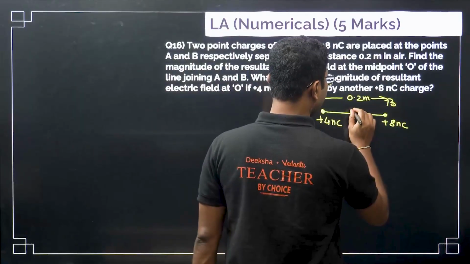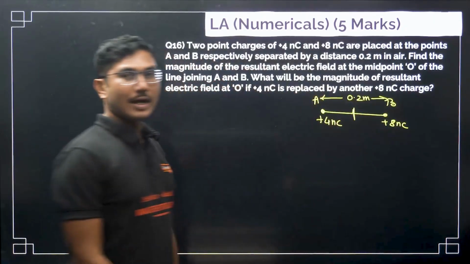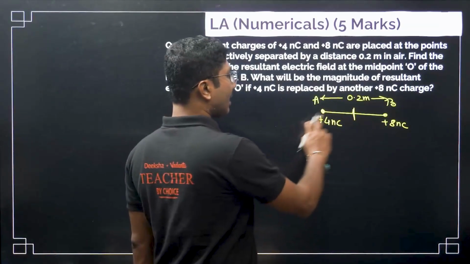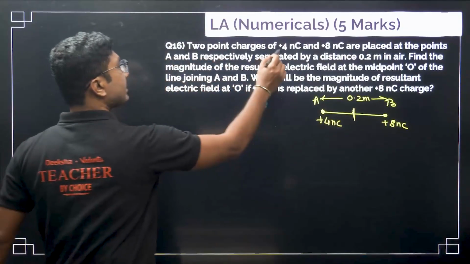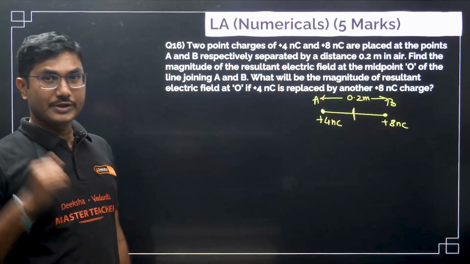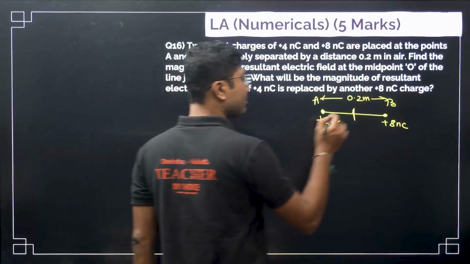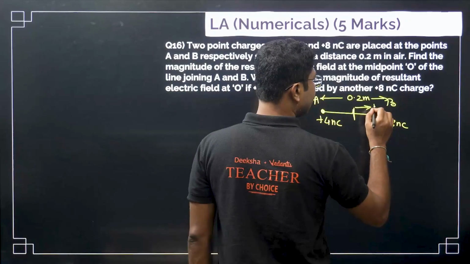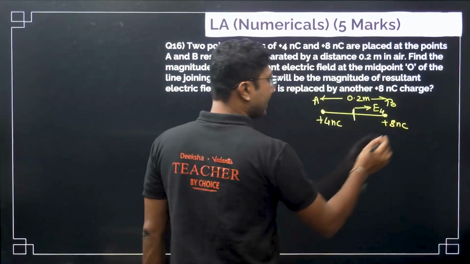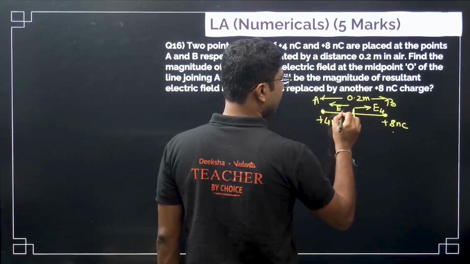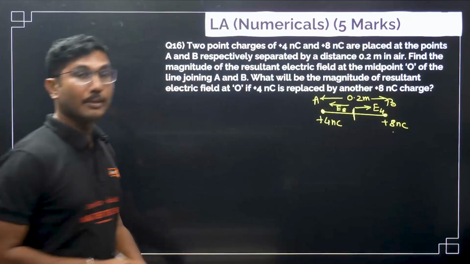Again we will use the same method. Both charges are positive. In the previous case one was positive and one was negative; here both are positive. So the electric field due to this positive charge will be in this direction, E4, and the electric field due to this positive charge will be in this direction, E8. Now definitely, which one will be bigger?